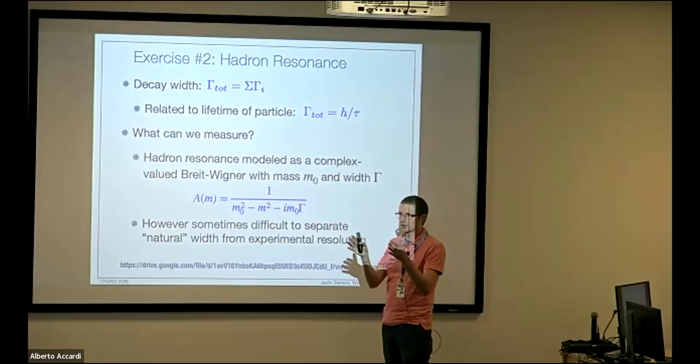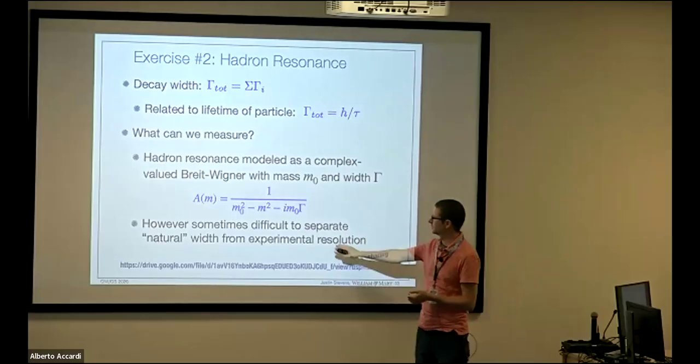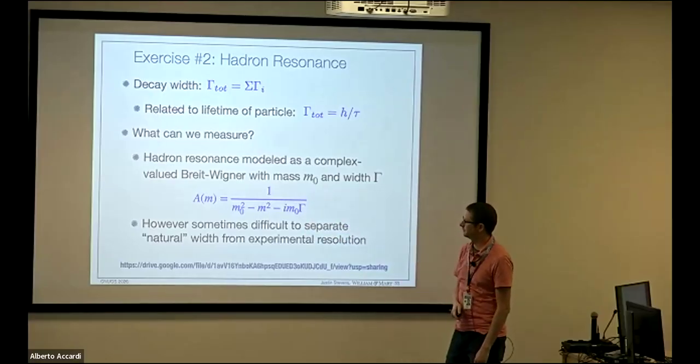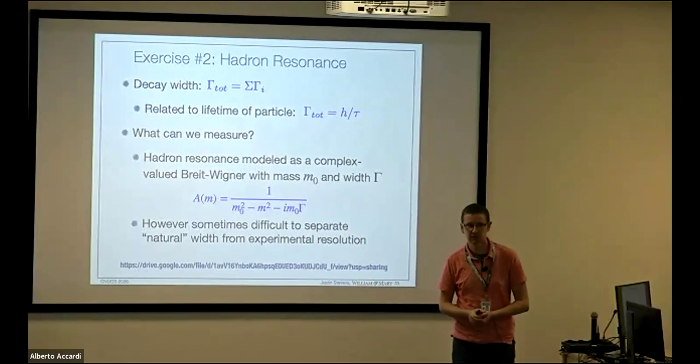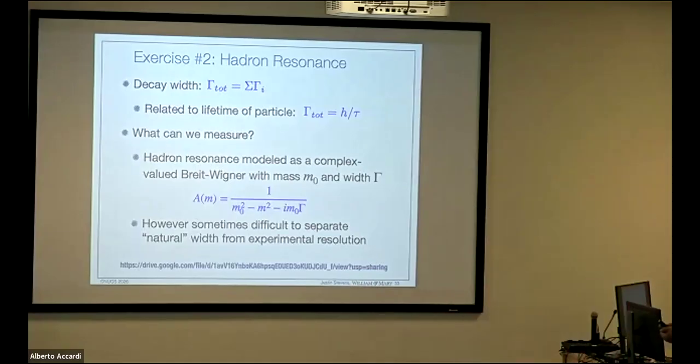So these things are broad not just because some detector measures them poorly, but because their nature has this width given by their lifetime. So sometimes we have to figure out how to separate that width from the detector resolution, the smearing that we get from our detectors not being perfectly idealized. And that's for this Voigt model.